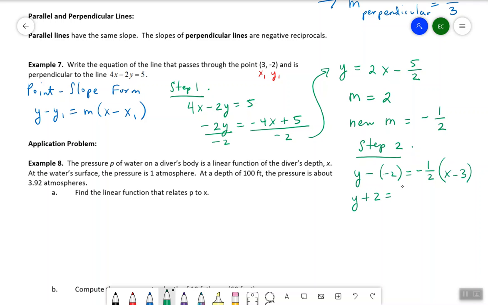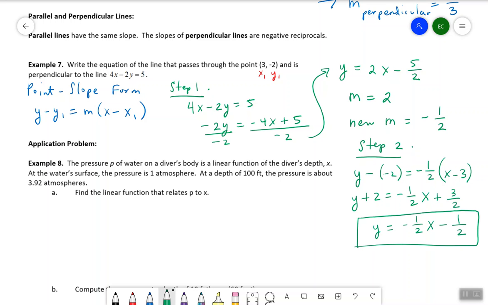And then we can just solve for y. We've done this a few times already. Let's see, that's plus 3/2. And then when you subtract 2 from both sides, you get -1/2 x minus 1/2. And that's your answer.